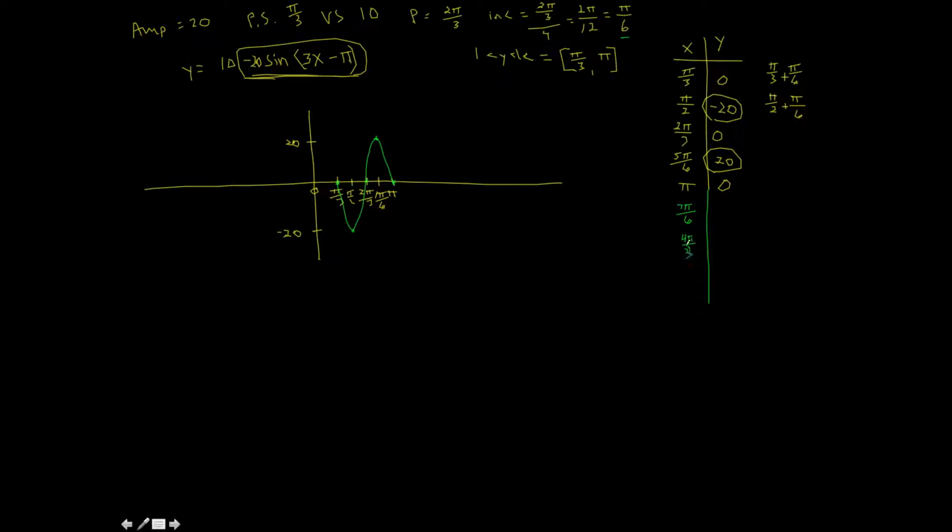Add pi over 6 again. 4 pi over 3 is the same thing as 8 pi over 6 plus pi over 6. I just got a common denominator so I could get the very next one. Add pi over 6 again. That's going to give me 9 pi over 6, which is 3 pi over 2.